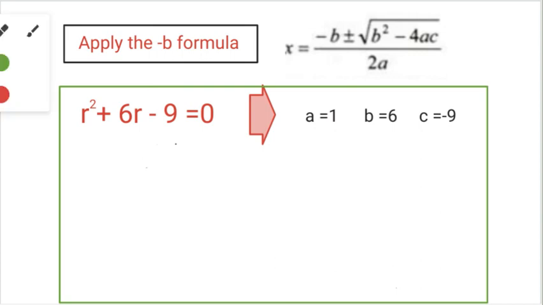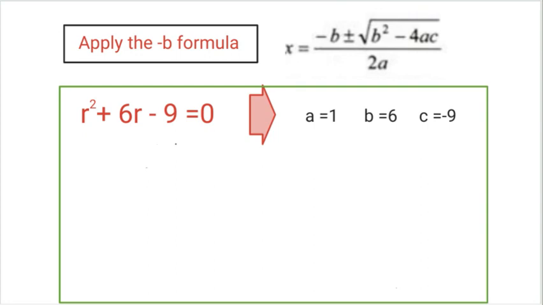So we can now assign a, b and c for the coefficients of the r squared, the r and the number respectively. Okay, and we can input them into this formula, and this will give us the values of the roots and the solution for r.